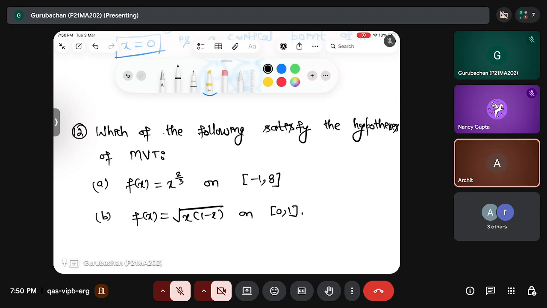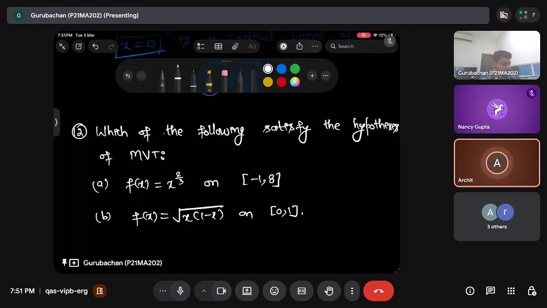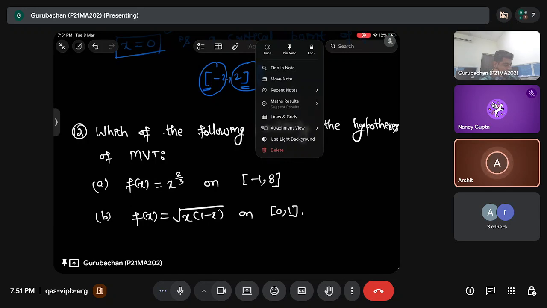Sir, what is mean value theorem? Sir, I cannot remember, but I think that in the interval there will be a point whose slope of tangent will be equal to the slope of the secant from the endpoints.